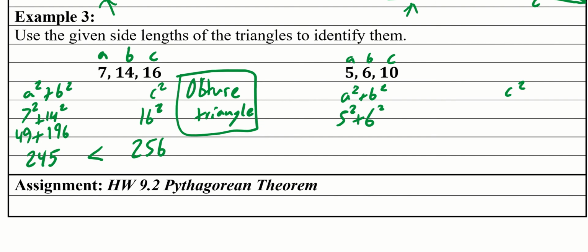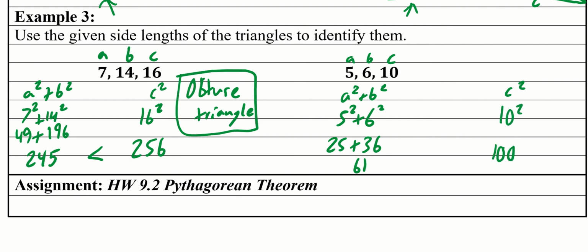Okay, when I simplify these, 5 squared is 25, 6 squared is 36. 25 plus 36, that is going to give me 61, I believe. Okay, and now we do the same thing over here. We have c squared, or in other words 10 squared, and that's going to be 100.